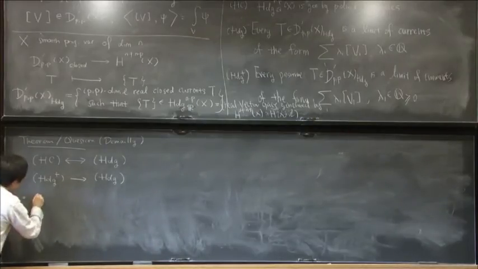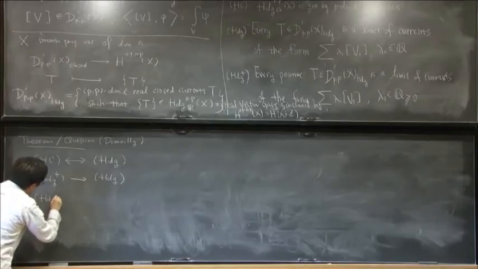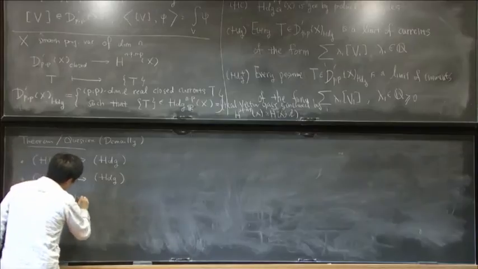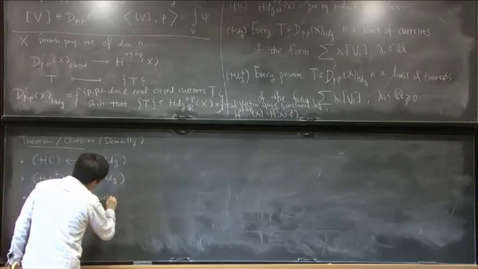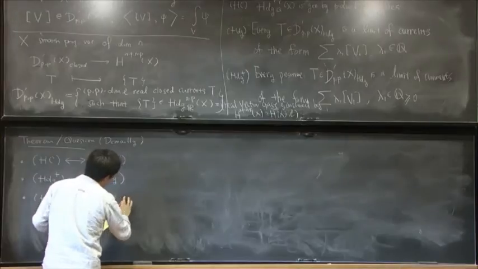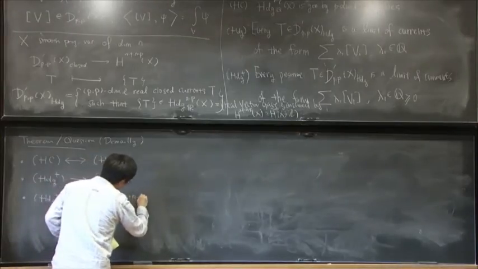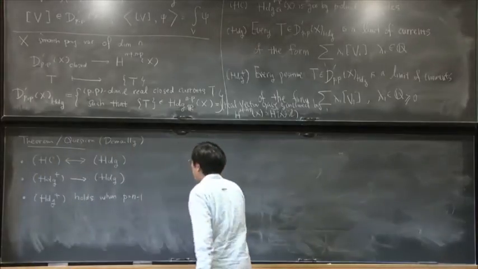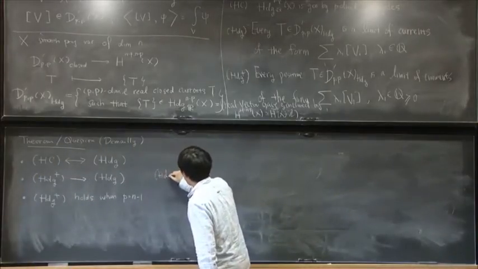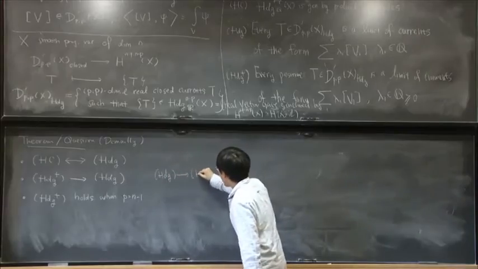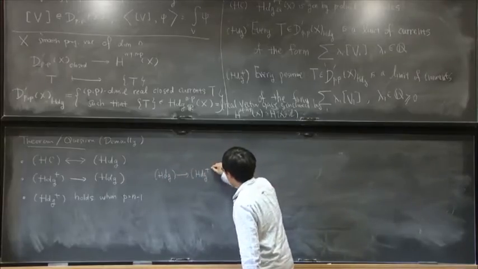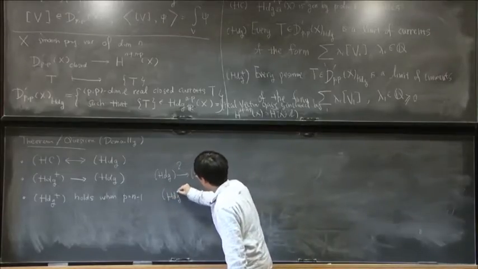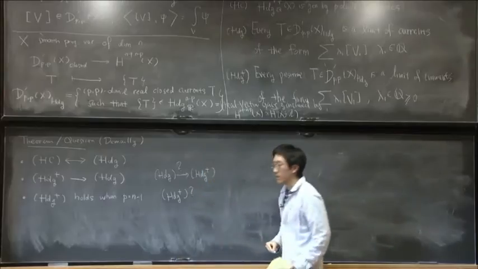And he also proves, quite interestingly, that Hodge plus holds when p equals n minus 1. And the questions are whether Hodge implies Hodge plus, and very optimistically whether Hodge plus always holds.